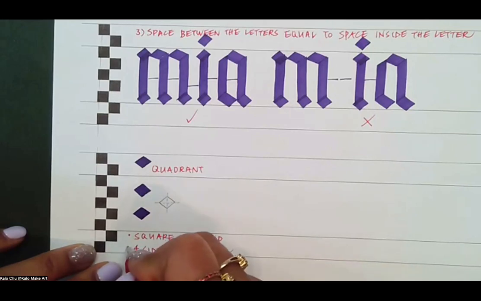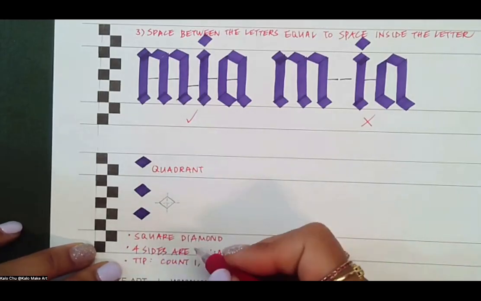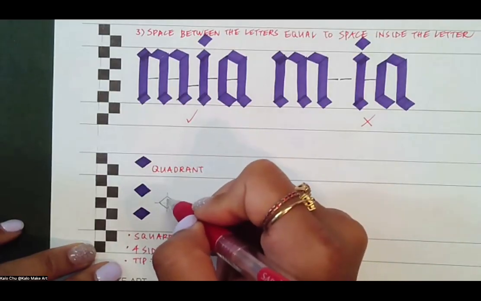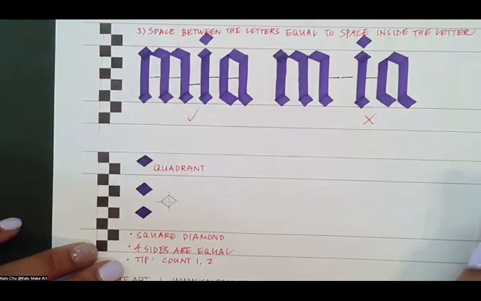Okay. And the tip that I want to suggest, this is the way you can count one and two. So when you come down, whatever tools you're using, one, two, you want to check and make sure that this is all aligned so that it's a square shape.